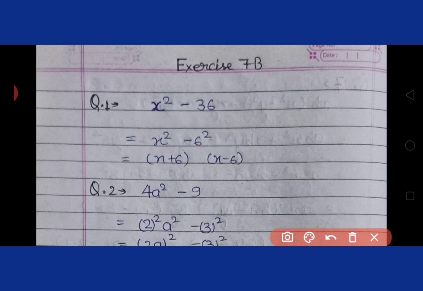Now it is in the form of a square minus b square. So in the first bracket there will be a plus b and in the second bracket a minus b. So a value is given to x and b value is given to 6. So x plus 6 and x minus 6.